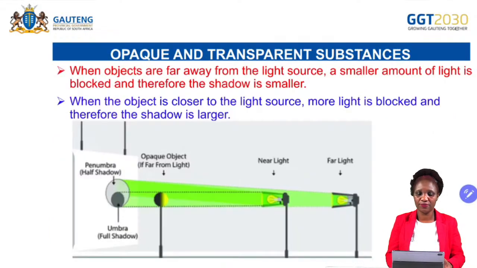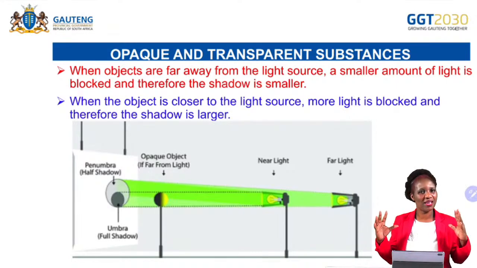Let's carry on. We are still talking about opaque and transparent substances. When objects are far away from the light source, a smaller amount of light is blocked, and therefore the shadow is smaller. If the light source is far, what's going to happen? The shadow is going to be smaller. But if the light source is near, the shadow is going to appear big.